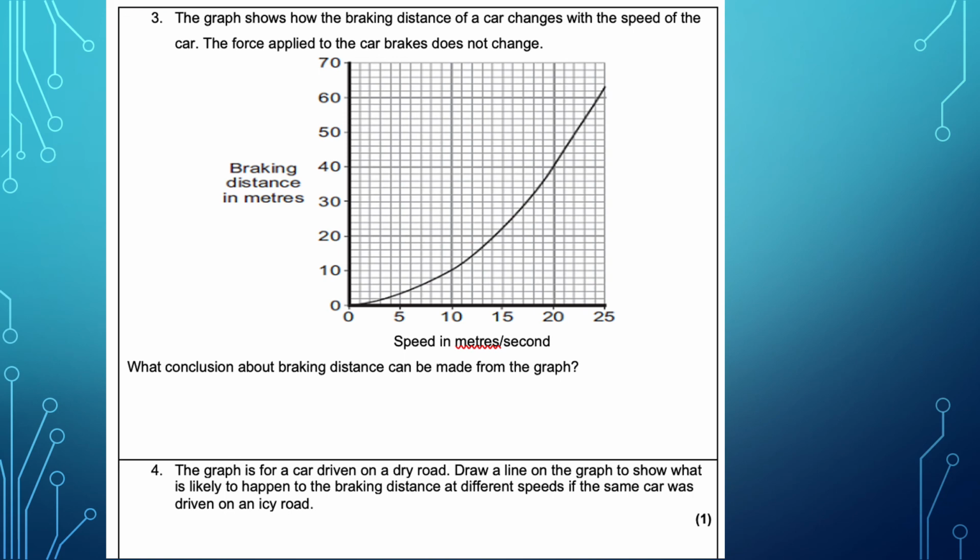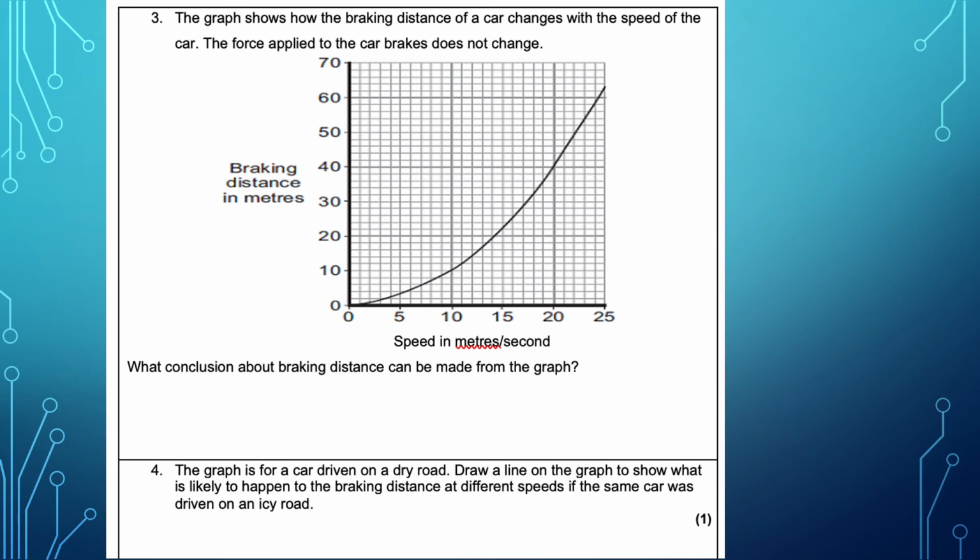All right, we come to number 3 and number 4, which have to do with this graph here. So it is really, really important that you guys understand that you can look at a graph and be able to understand what it is telling you. So this graph shows how braking distance of a car changes with the speed of the car. The force applied to the car brakes does not change. So you have speed increasing along your x-axis and then your braking distance increasing along your y-axis.